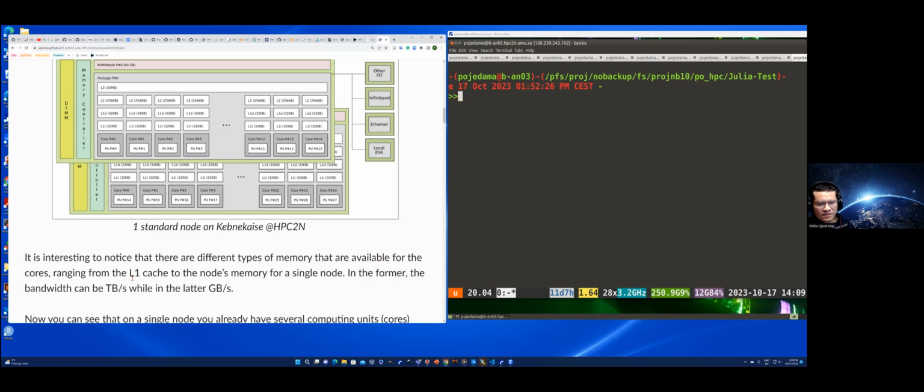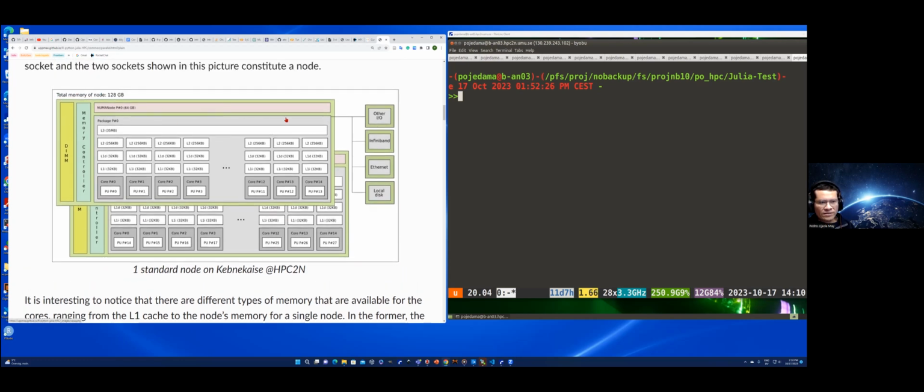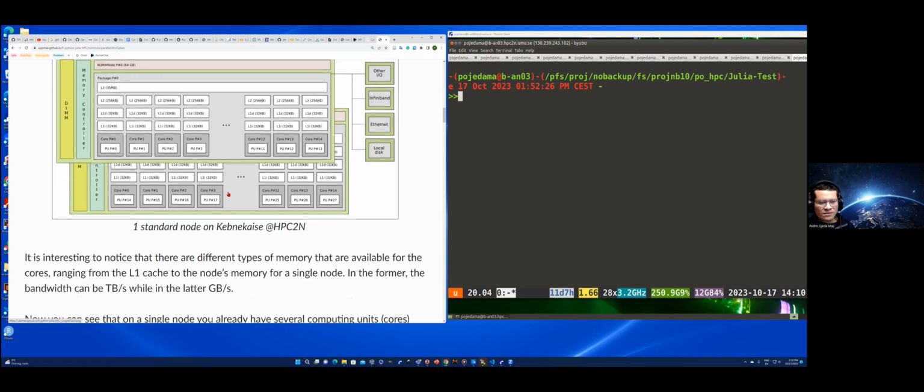For instance, if you are talking about the L1 cache, the speed or the bandwidth is in the order of terabytes per second. And if you go further to the global memory available for this core, the bandwidth is around gigabytes per second.